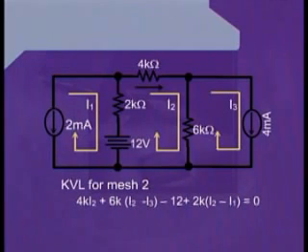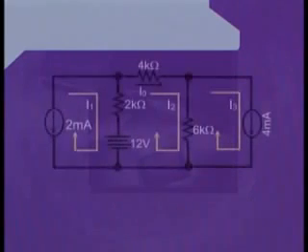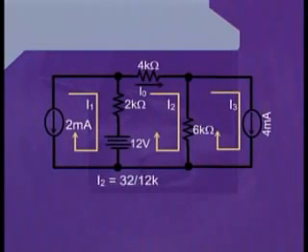Simplifying this equation, we can write 12k I2 minus 24 plus 4 equals 12. Now, further simplifying it, we can write I2 is equal to 32 divided by 12k. Or we can further write it as 8 by 3 milliamperes, or that is equal to 2.66 milliamperes.